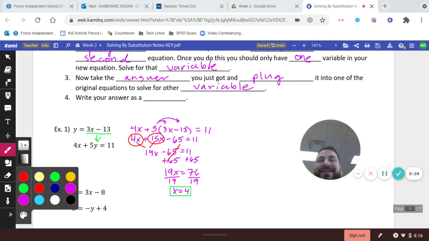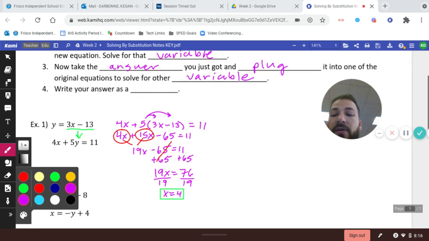So I'm going to take my x is equal to 4, and I can actually plug it into either equation to solve for y. Now, between my two equations, there's one that's a little bit easier. It makes the most sense, and it's going to be the one that's already solved for y. Y is equal to 3x minus 13, because I can just plug in 4 and then just simplify out those numbers and be done. I don't have to do any of my solving steps.